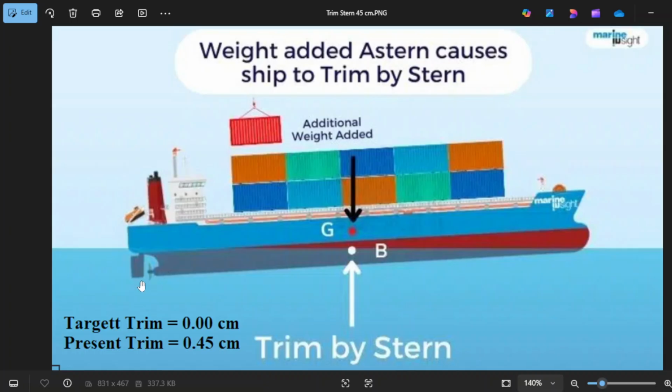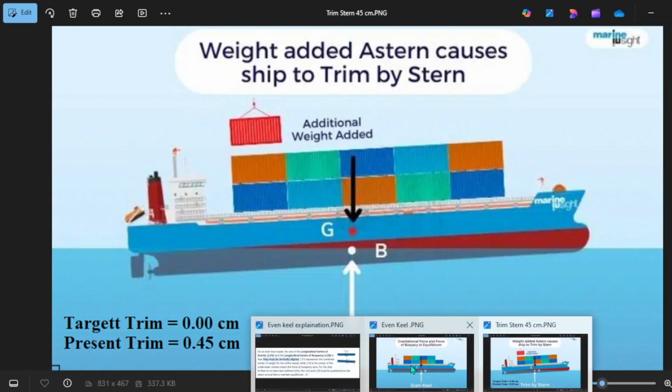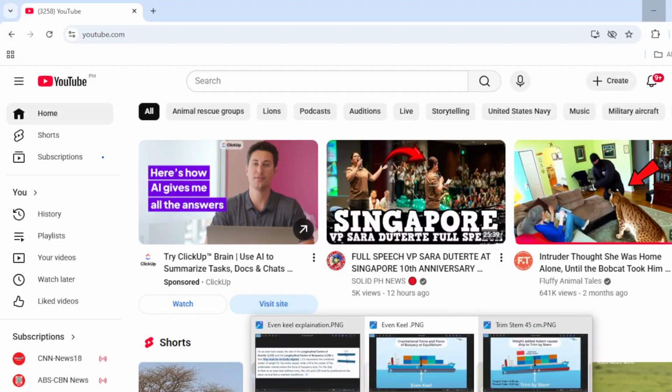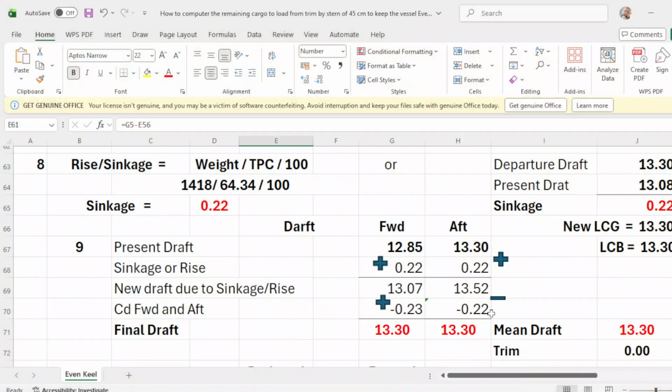Again, this up part will go up, and this will go down to have an even keel situation like this one. Did you see? This one went down, this one went up. That's why the up part you deduct, so it will go up, less drop here. Forward you plus because it will sink down, and the up drop will go up.